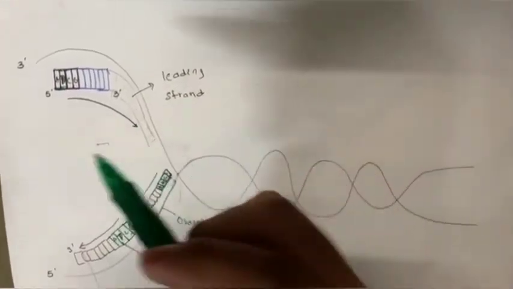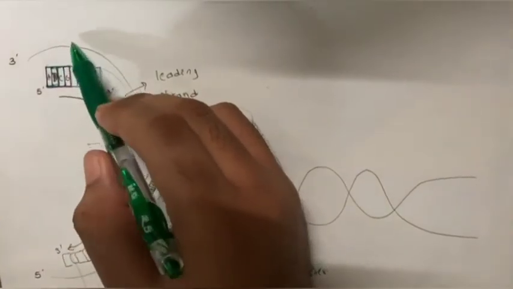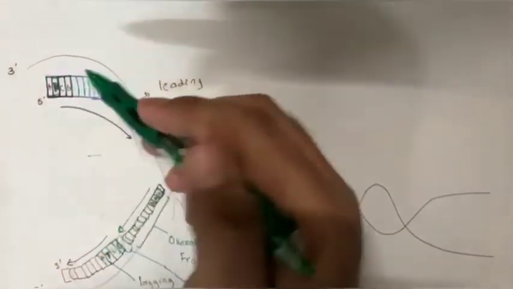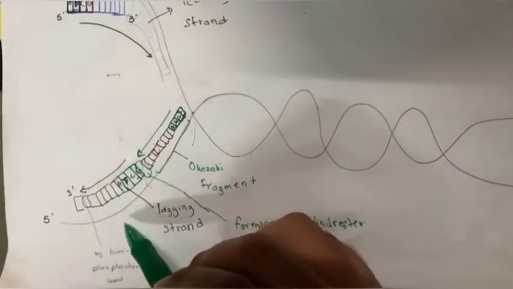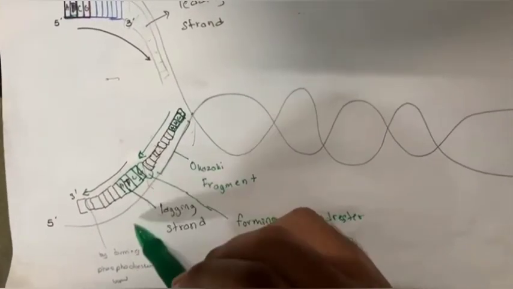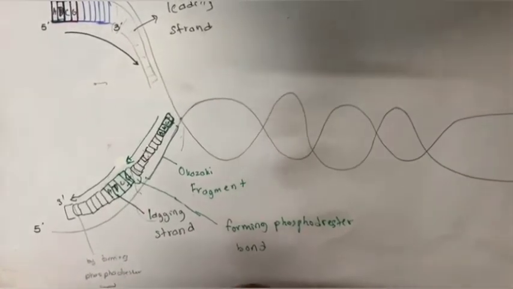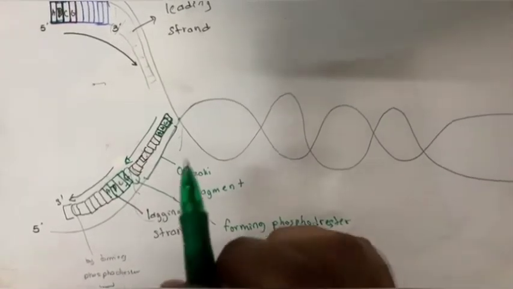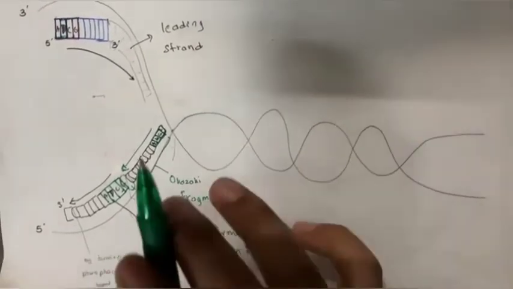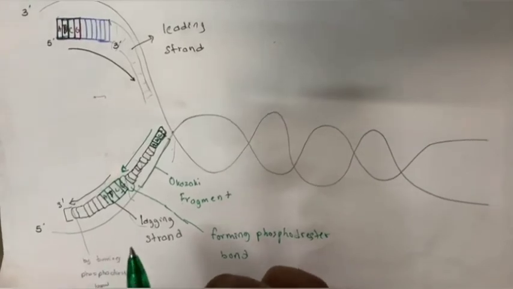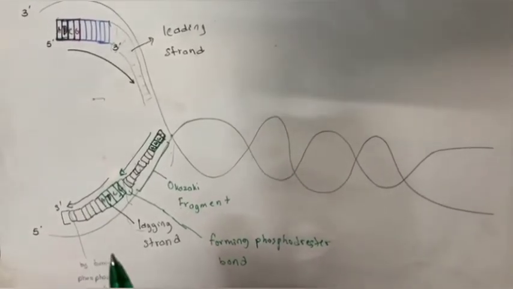As you can see, this strand is recoiled with this double helix DNA, and this strand is recoiled with this double helix. So you see now that is the proof that all of this follows the semi-conservative theory. Okay, so that's all for my video. Thank you.